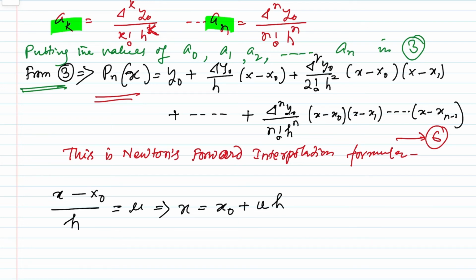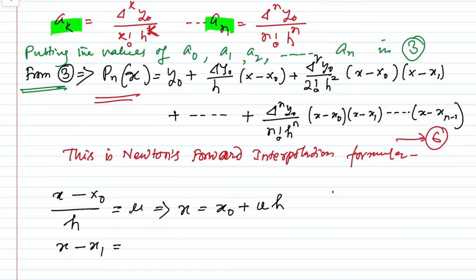So here you see, then what will be x minus x1, x minus x1? Now you see, I have already shown you that xi is equal to x naught plus i into h.